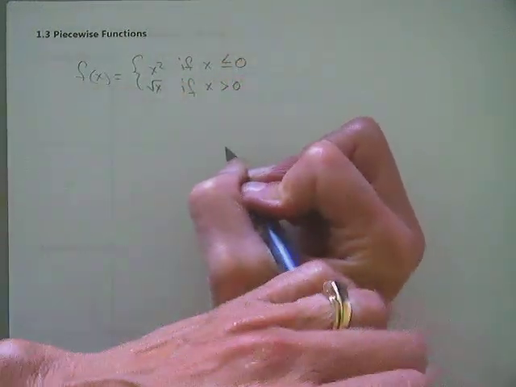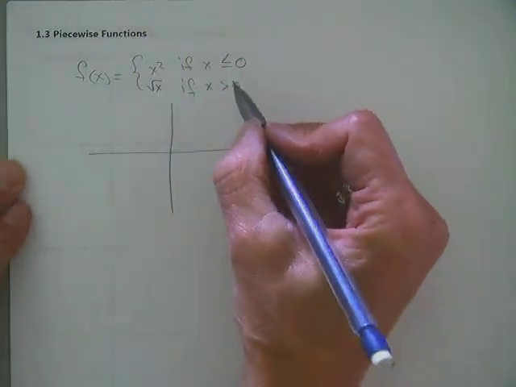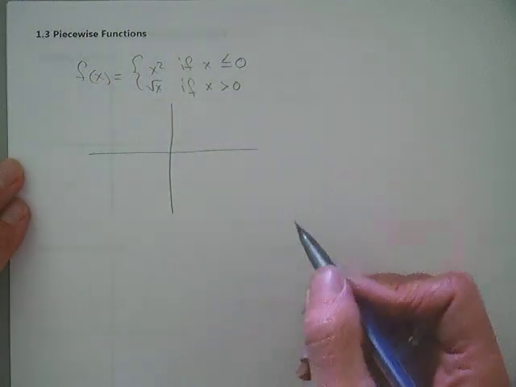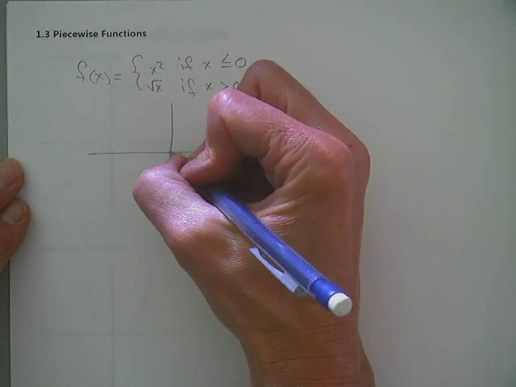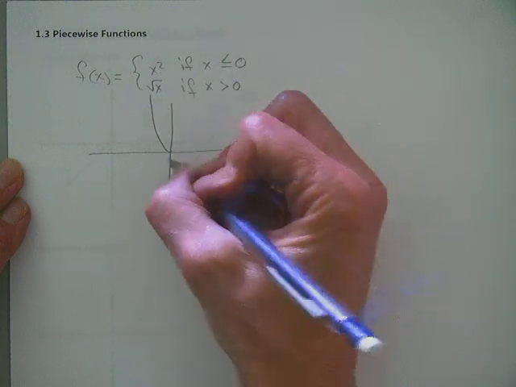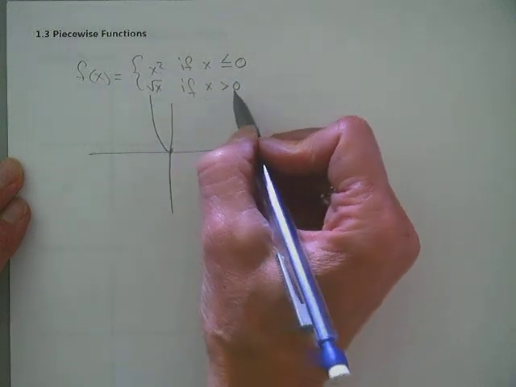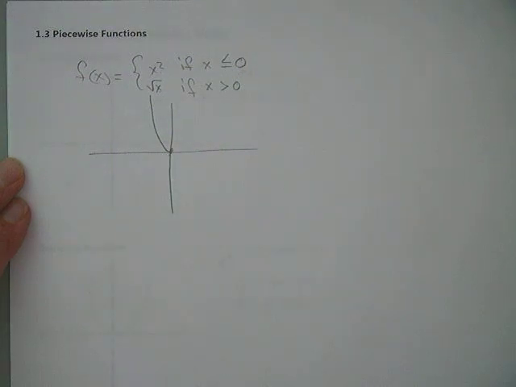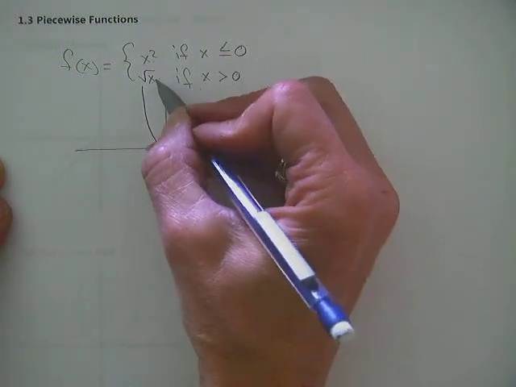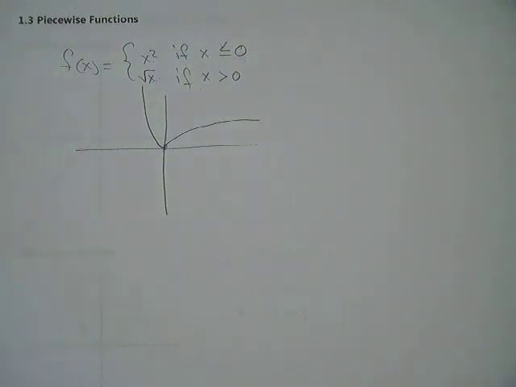So this is what it looks like. When x is less than 0, I have to draw the x squared function. All right, and what does that look like? Like this, right? And you put a solid dot there because it equals 0 there. Now, if x is larger than 0, I draw the square root function, and that looks like this.